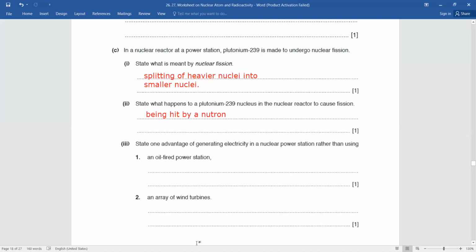More energy is produced in a nuclear reactor, that is an advantage. Less energy is produced in wind turbines. Probably that, ask sir. Yeah, that one is reliable. The generation of electricity by a nuclear power station is reliable. Reliable means you can get the energy anytime you want. But wind turbines give you energy only when there is wind.